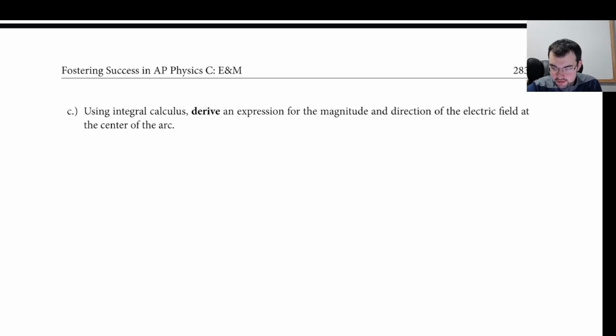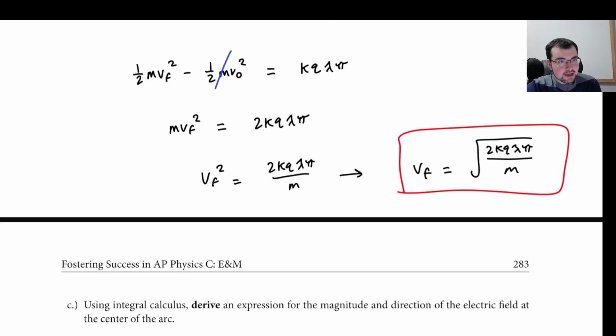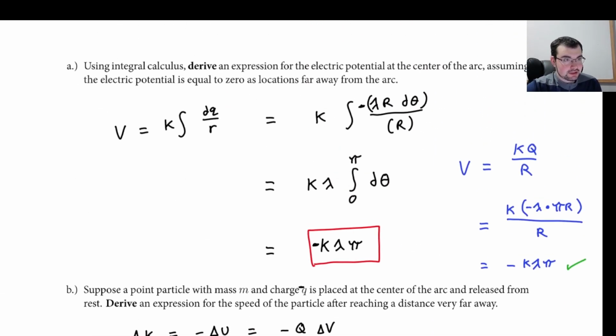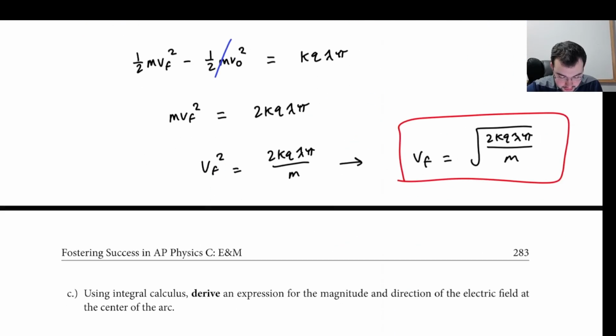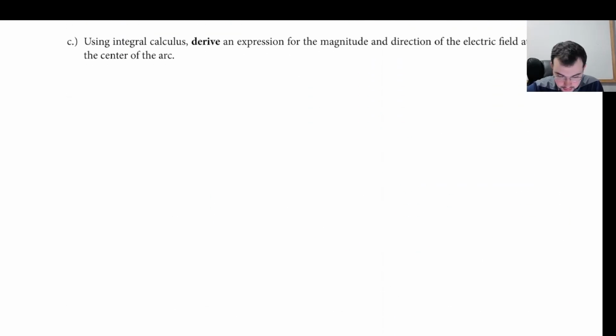by expanding out what this lambda is. All right, now we have the more grueling task for the arc, and it's not the potential, it's actually the field. Because here's a case where we do have to take components into account. Because if we actually look at our arc of charge here, if you look at, for example, these 2 points on the arc, this is negative, so it's going to be a sink.